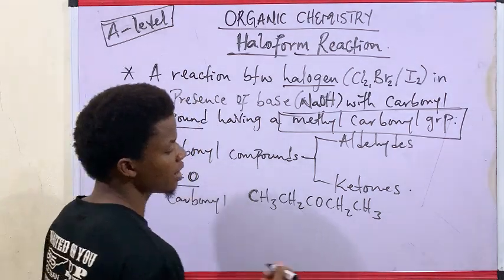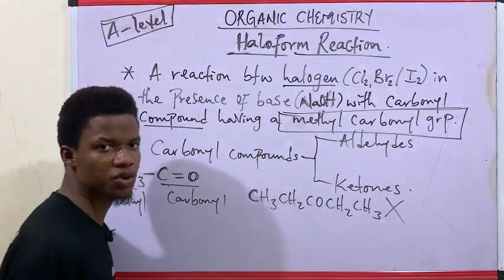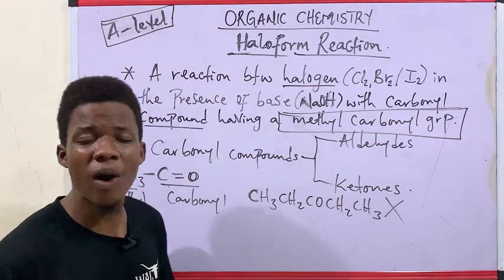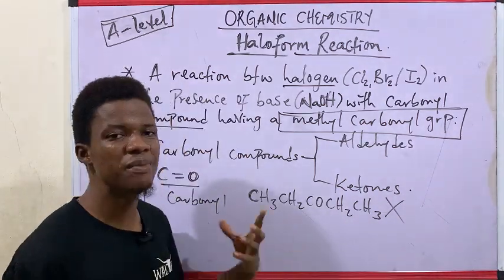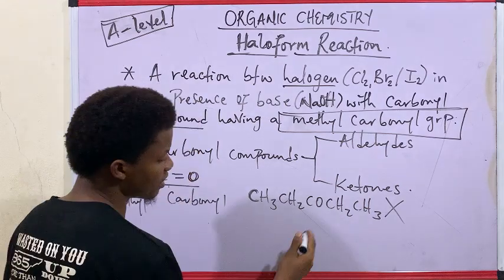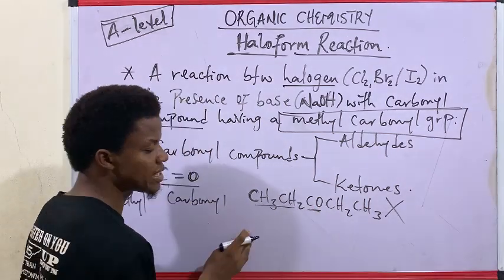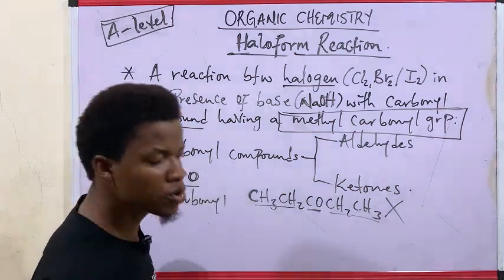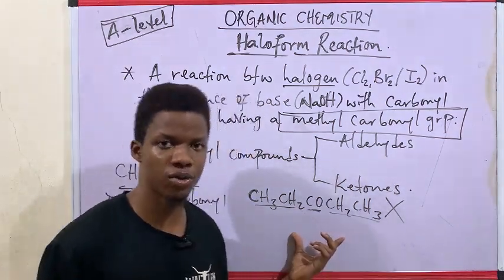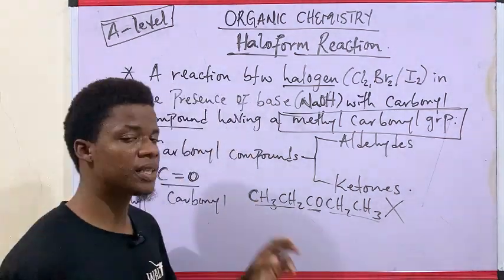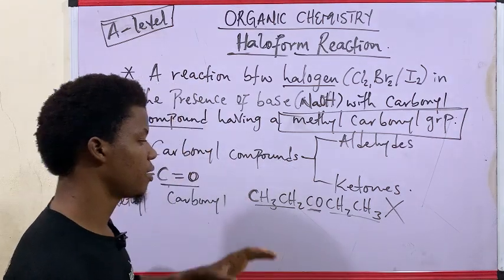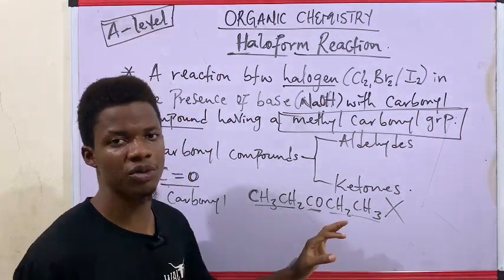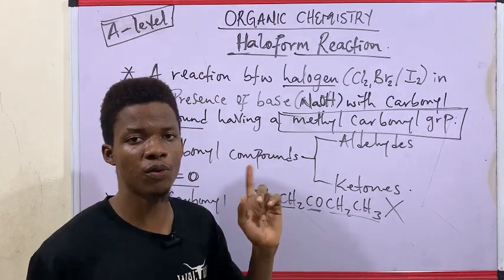This kind cannot undergo haloform reaction. Why? Because it does not have any methyl carbonyl. This is where you have the carbonyl group. On this side, this is ethyl, not methyl. On the other side, this is also ethyl, not methyl. So from any direction, it's not going to give us a methyl carbonyl group, so it cannot undergo haloform reaction.